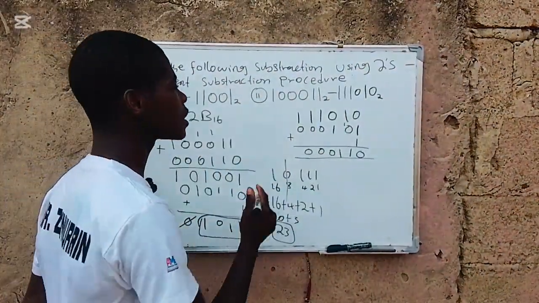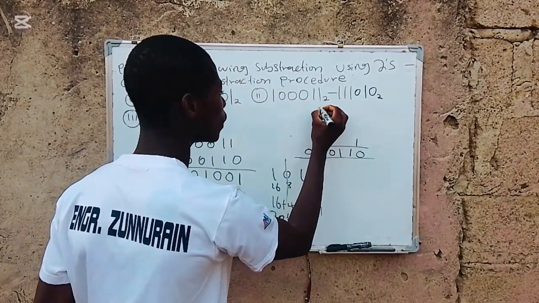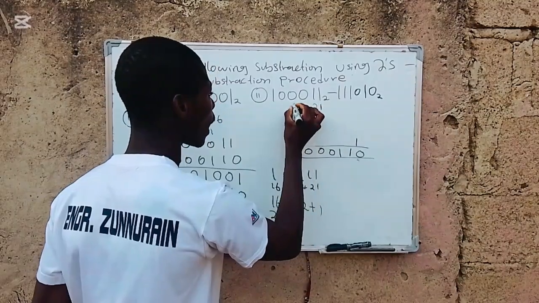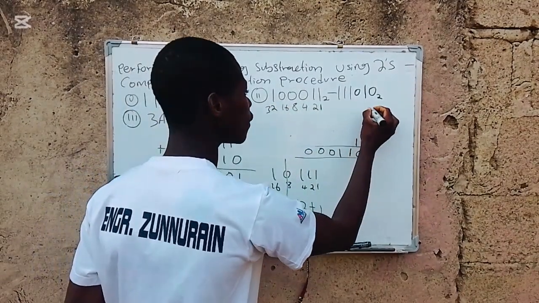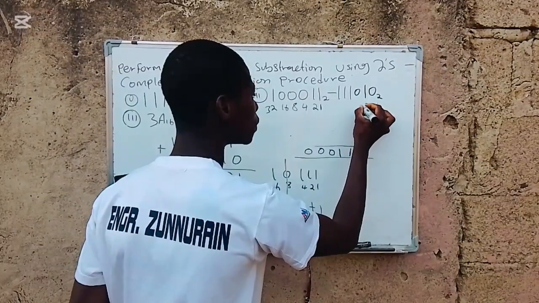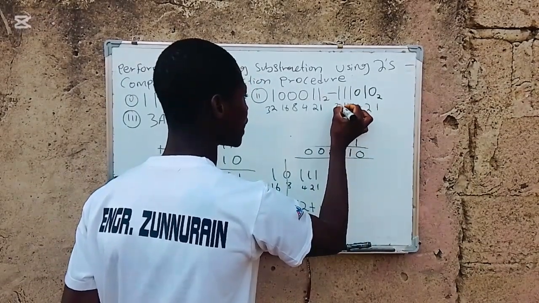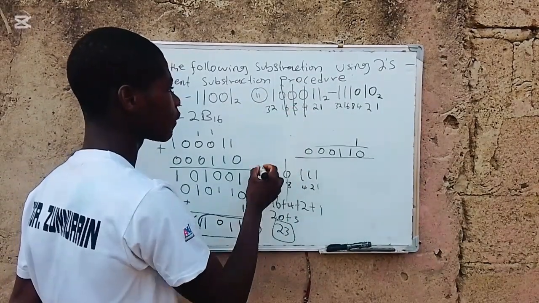The next thing I'm going to do is clean this. It's the same as saying I have 1, 2, 4, 8, 16, 32, and also 1, 2, 4, 8, 16, and 32. I will get rid of these.